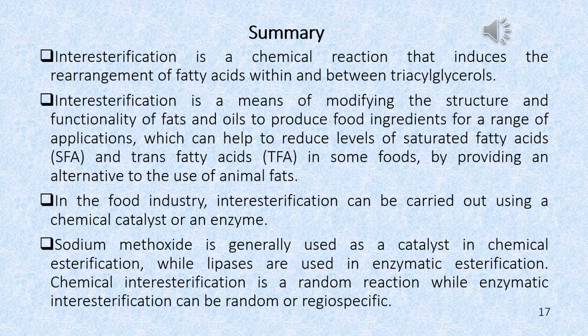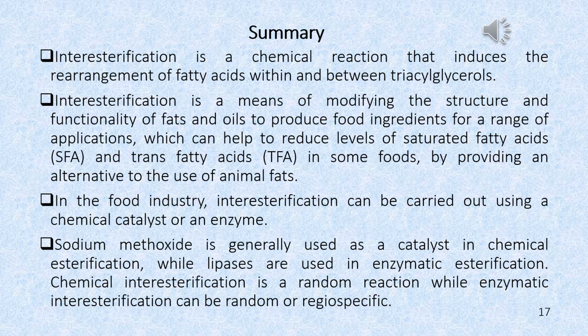So we can modify the oils and fats in such a way that we can modify the structure and functionalities of oils and fats, and by modifying oils and fats we can produce the food ingredients for a range of applications, and this can be helpful to reduce the level of saturated fatty acids and the trans fatty acids in some foods.